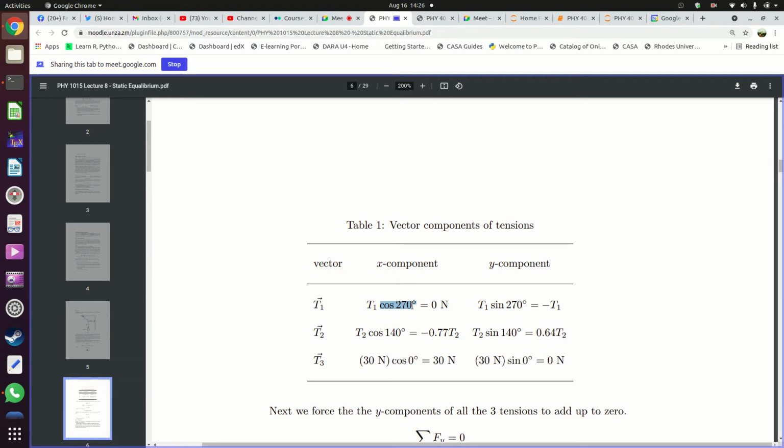Cos 270, if you have a calculator, turns out to be 0. So T1 times cos 270 gives 0 newtons. This tells you that the tension T1 does not have an X component because of how we have decided to measure angles. Are we clear?